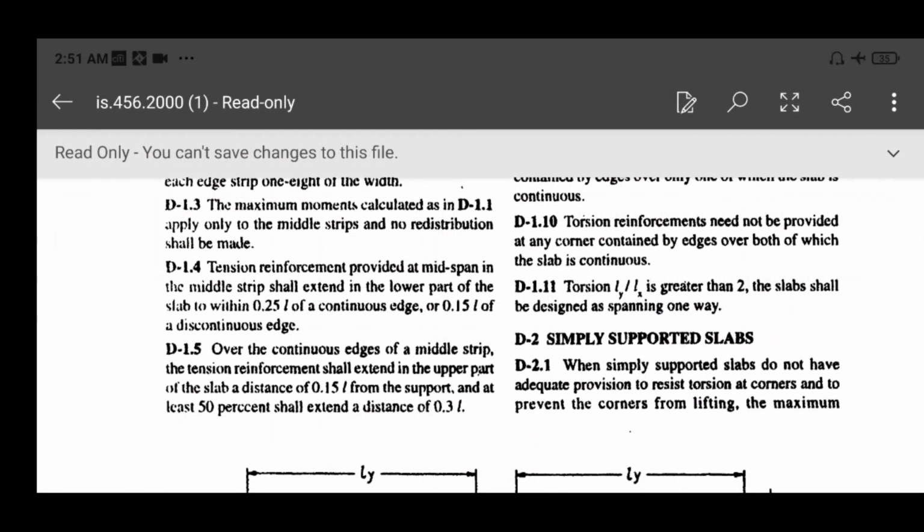Now look, as per IS code provision, Annex D of IS 456 2000, clause number D 1.4, tension reinforcement provided at midspan in the middle strip shall extend in the lower part of the slab to within 0.25 L of a continuous edge or 0.15 L of a discontinuous edge. So it depends upon this edge condition.